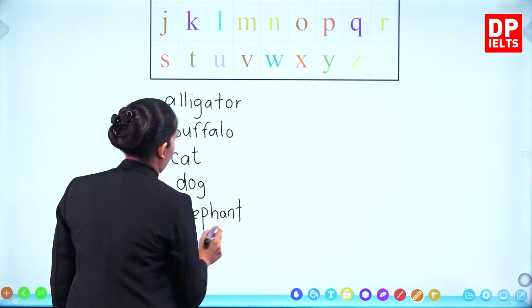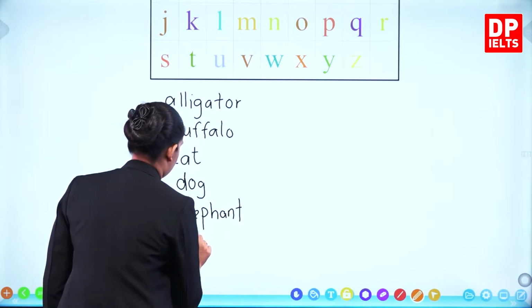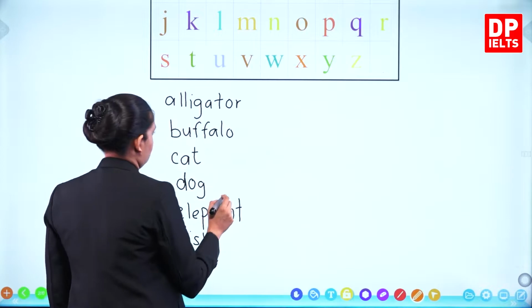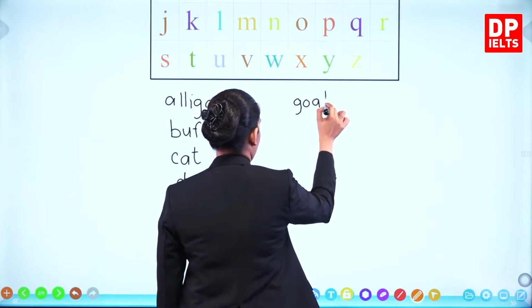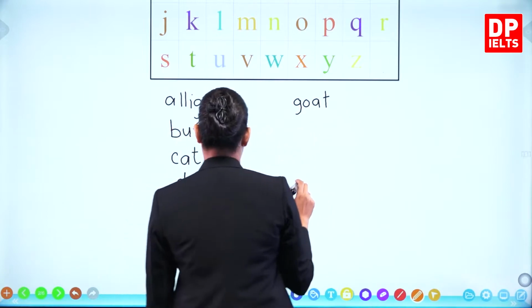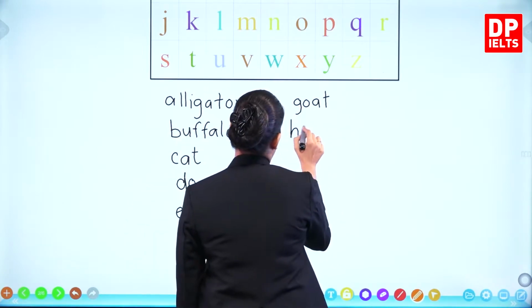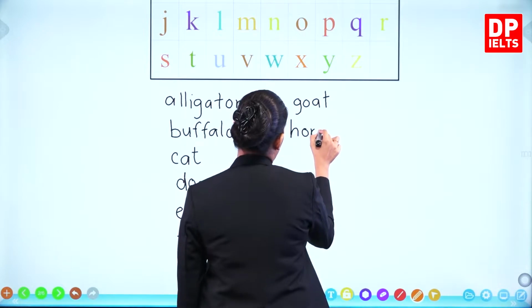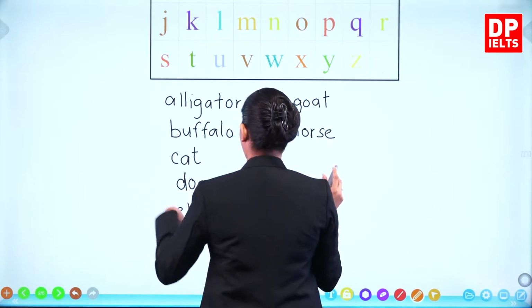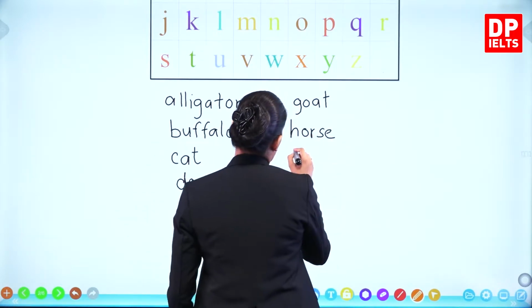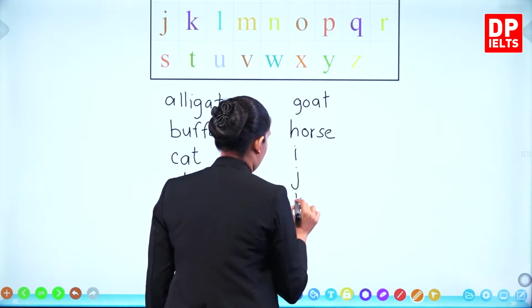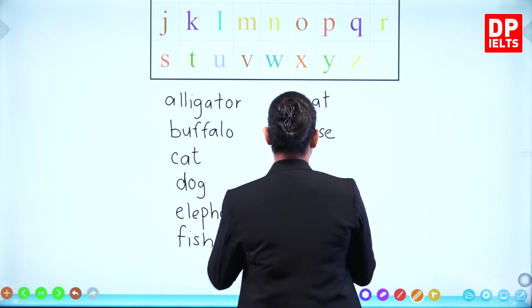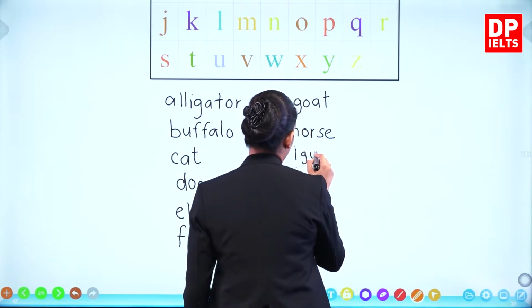F, fish. G, goat. H, horse. So let's write the letters. I, J, K, L. So I, we can say iguana.